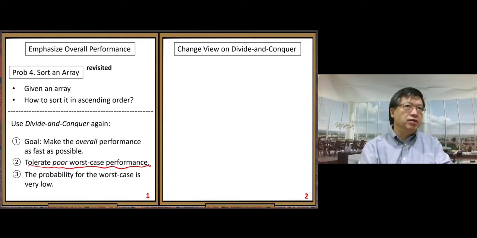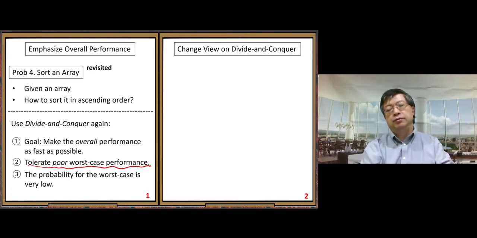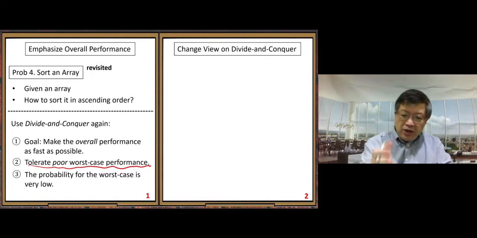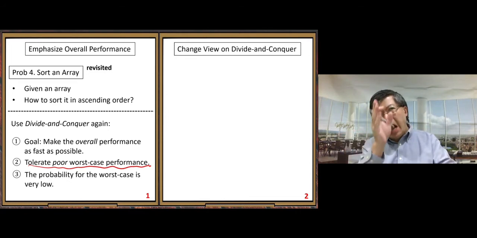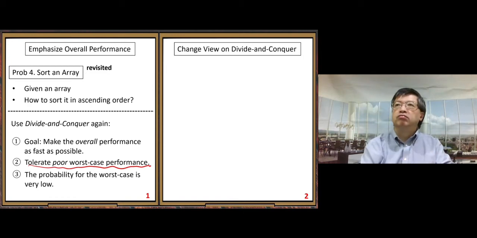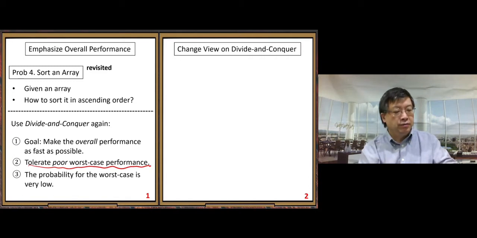More specifically, based on our experience from the merge sort. Change the view on divide and conquer. So let's look at how we do divide and conquer in the merge sort. Then we try to change the view. To get a new solution, you need to use some new view on it.